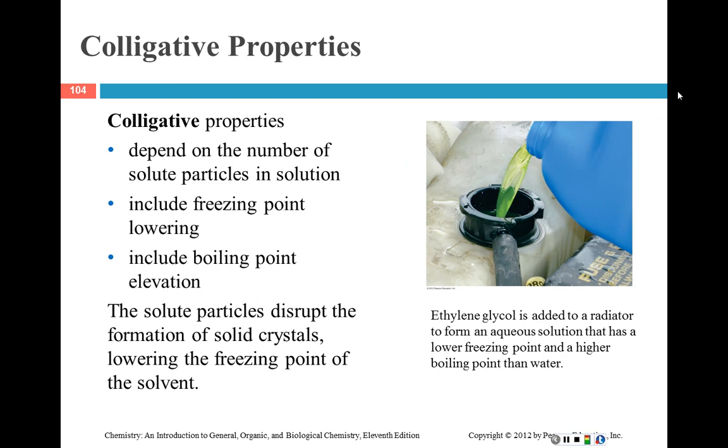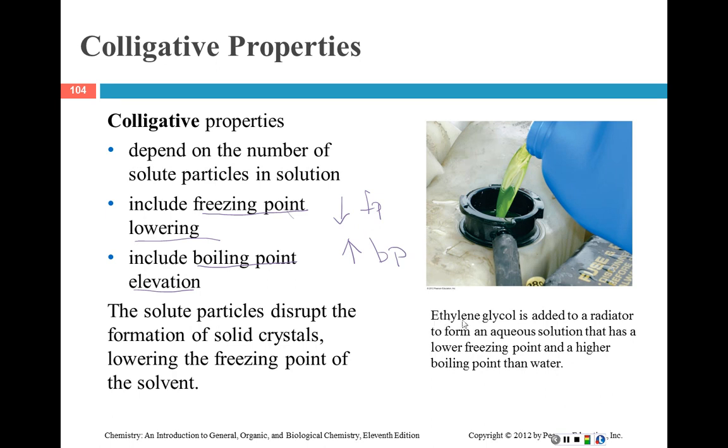Colligative properties are properties that depend on how many particles you have in the solution. They include freezing point depression, or freezing point lowering, and boiling point elevation. What's that mean? You can take a solution and add something to it, and you can either lower the freezing point or increase the boiling point because you need to use it for something.